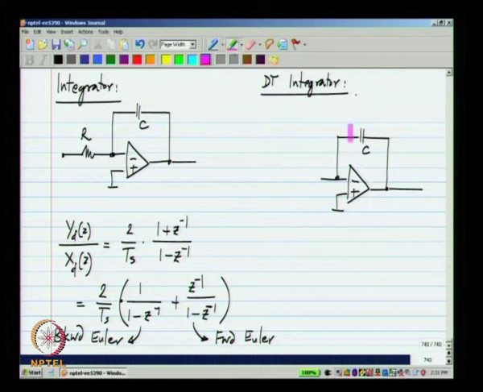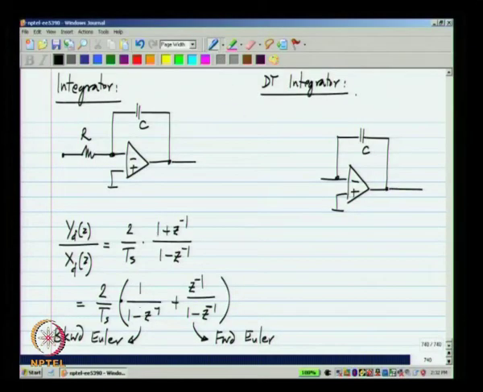Now, how do we implement these things? That is basically the voltage on this capacitor should be such that it will follow this relationship. Okay. And the input to the system are samples of xd. We will assume that the inputs are changing every time period Ts. Okay.